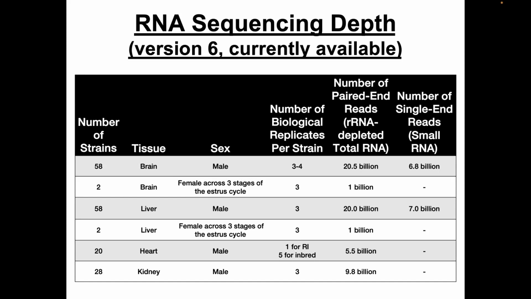And we always collect multiple biological replicates per strain, so we have a really good idea of the between-strain and within-strain variance for all of our genes. We have some sex data, but our main two databases are brain and liver for this entire panel. And then we have a little bit of data on heart and a little bit of data on kidney.